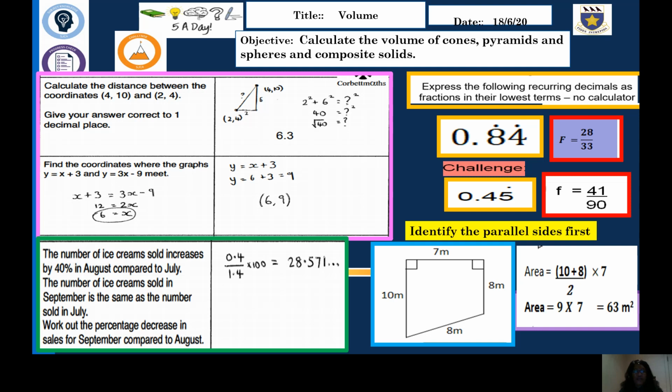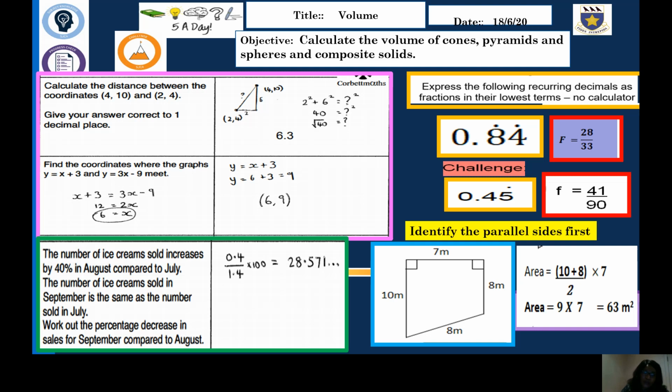Okay, so let's check the answers. Get your green pen out, and we can check the answer. So you can see the vertical difference there is 10 take away 4, which is 6, and the horizontal difference is 4 take away 2, which is 2.